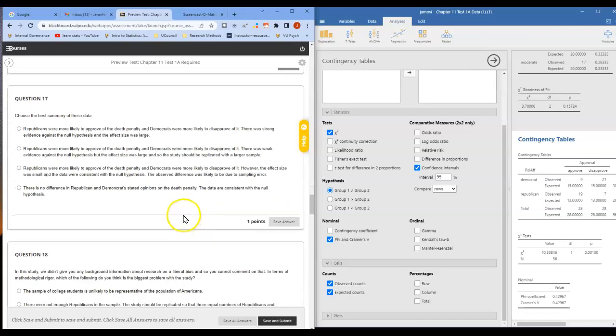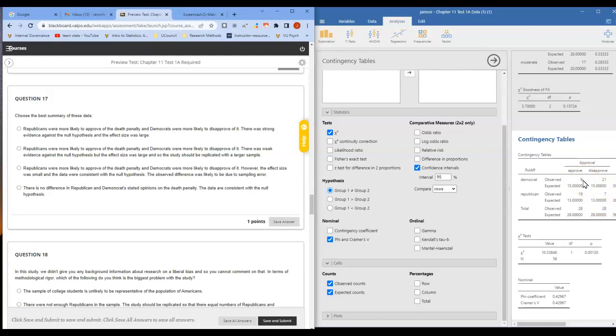Next, for number 17, choosing the best summary of the results. Okay, so first of all, we know we have strong evidence against the null hypothesis, and our effect size was large. And we can see by looking at the table that in terms of approval, Republicans were more likely to approve than would be expected just based on the null hypothesis. Or another way of saying that is they're less likely to disapprove than based on the null.